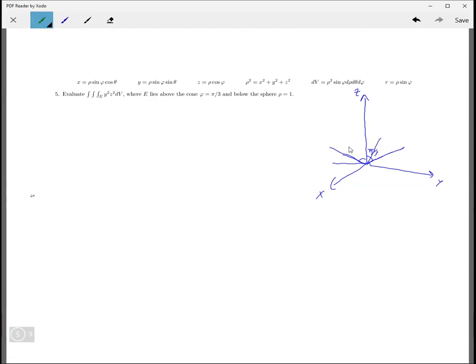So that gives you a cone, and then if you keep going up, the cone gets bigger and so on. So you have this cone coming up here, and you want it below the sphere, c equals 1.